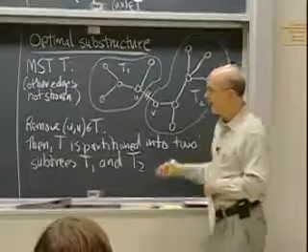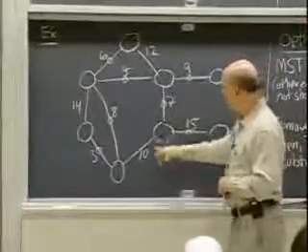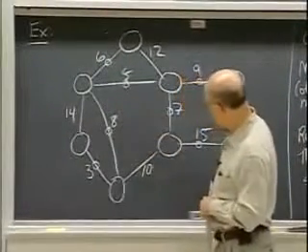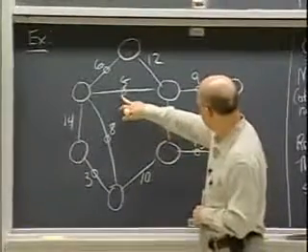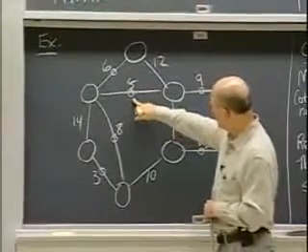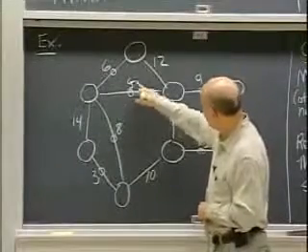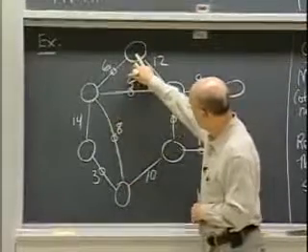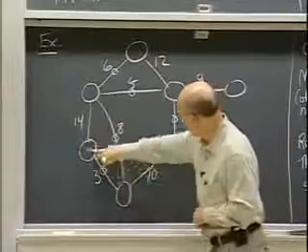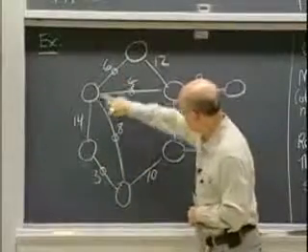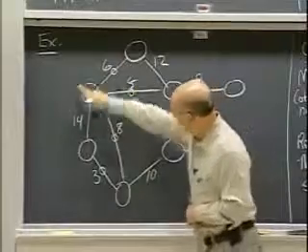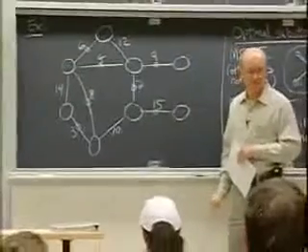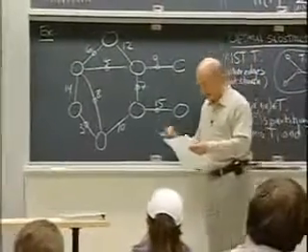We can even do it over here. If we cut out some edge like 5, then T1 would be these 4 vertices here. And if I look at the subgraph induced on that, that's these edges here. In fact, the 6, 8, and 3 are all edges in a minimum spanning tree for that subgraph. So that's what the theorem says.